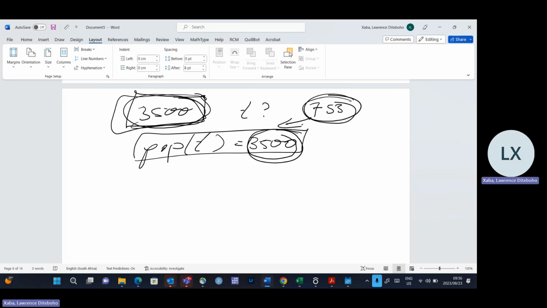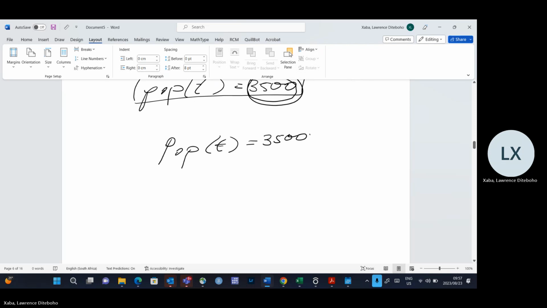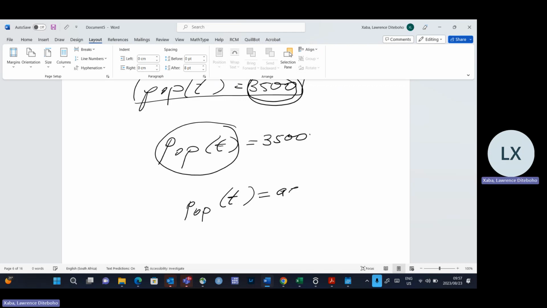Okay. So for us to do that, we say pop(t) equals 3,500. So this equals that, where you remember our formula is pop(t) equals A to the power RT.